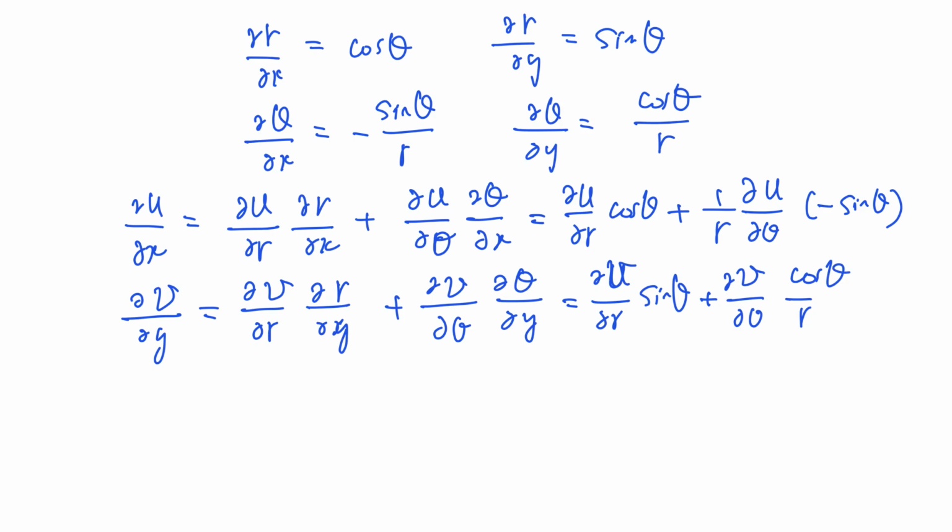So the first Cauchy-Riemann condition, partial u over partial x minus partial v over partial y is equal to 0, right?